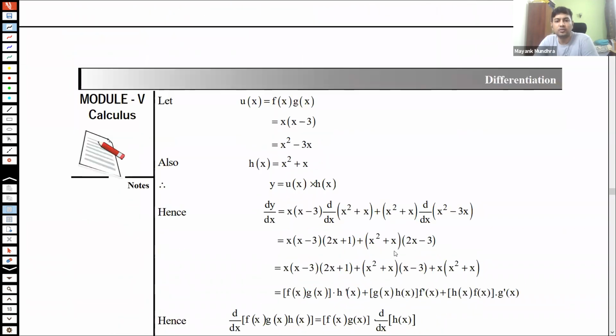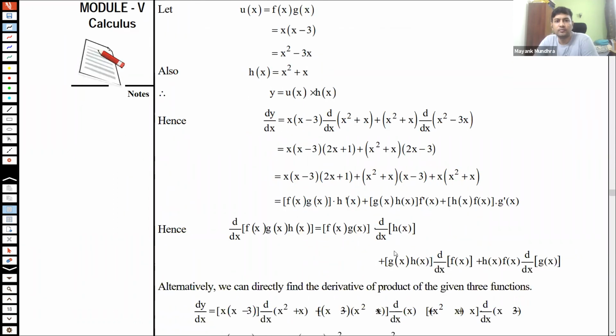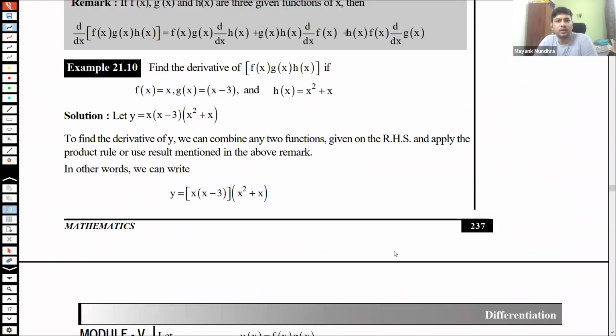Okay, so dy by dx. Okay, so find the derivative. So let's do this problem. So he's given you f of x, g of x, and h of x.